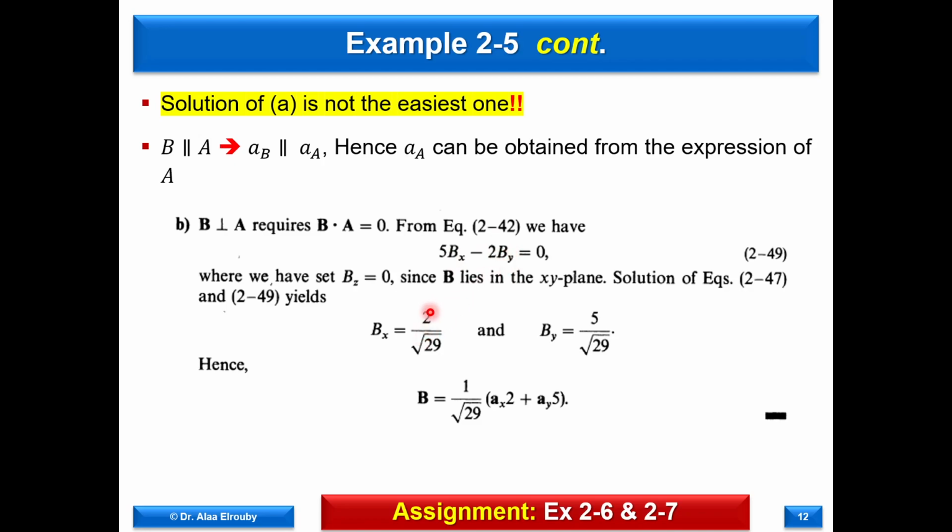If you put 1, you will find by equals 2.5, whatever it is. Then you divide by the amplitude of b. You will end up with one unique expression, which is the unit vector for a vector in the xy plane that is normal to vector A.